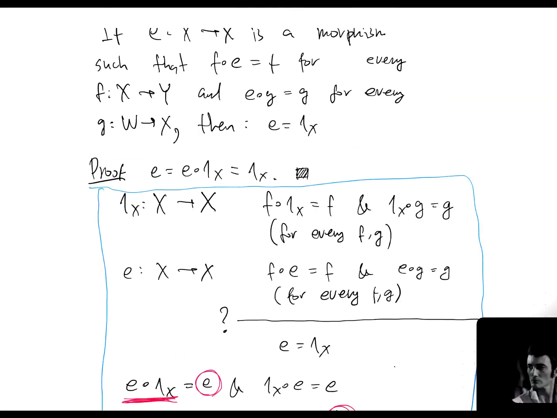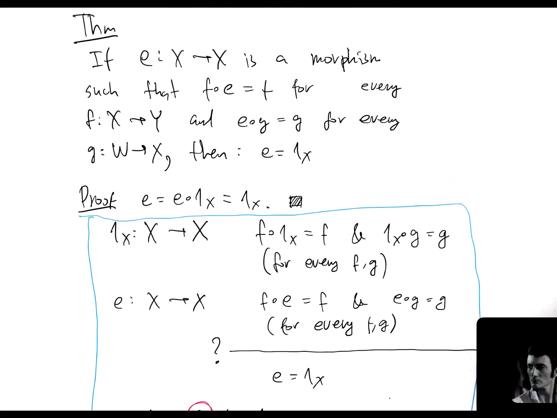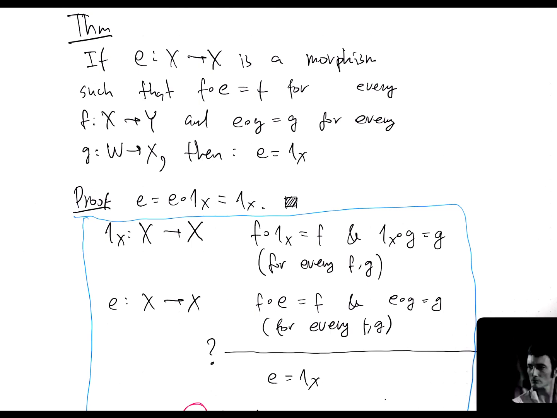We could say that some kind of weak identities are still unique, where a weak identity is defined so that these equalities hold only for f and g which are endomorphisms. And that would be true because, as you correctly remarked, our proof is also valid in that case.